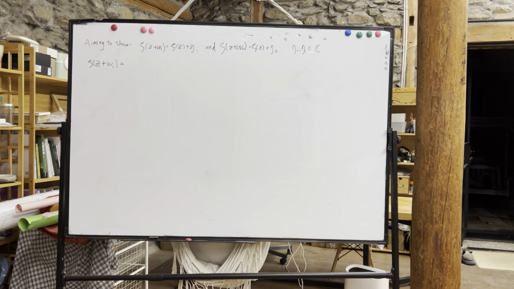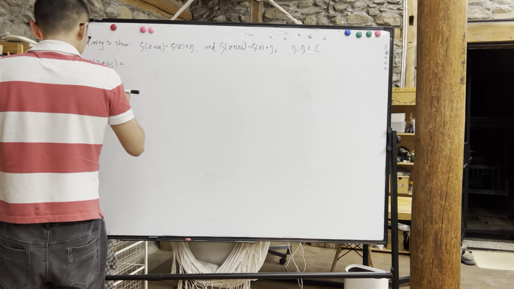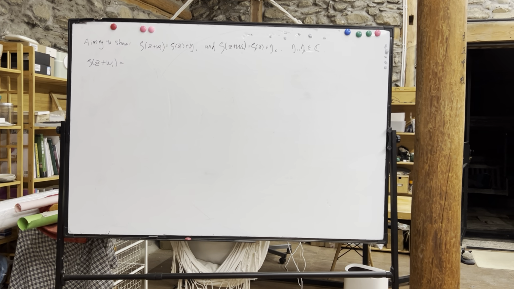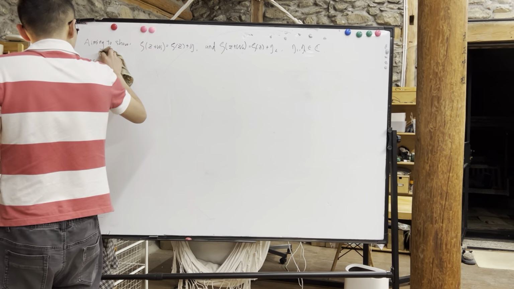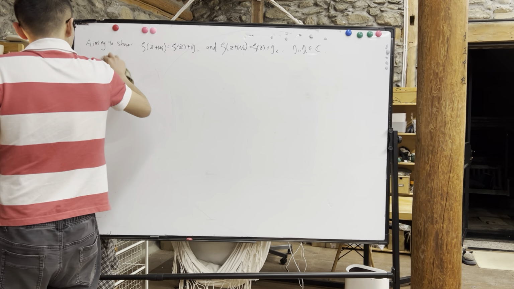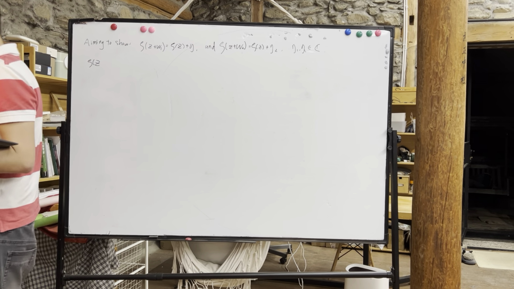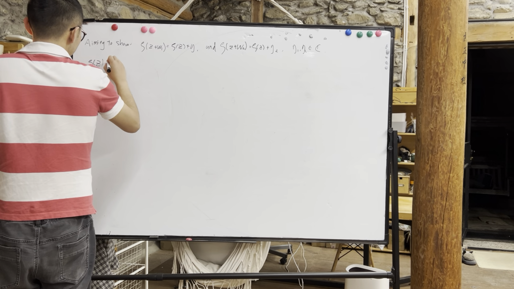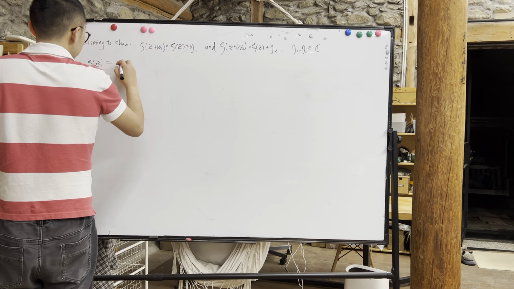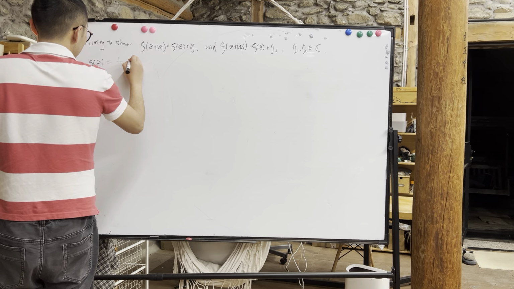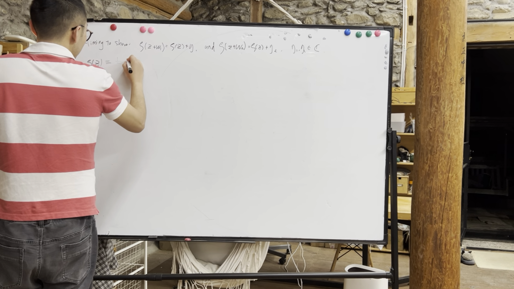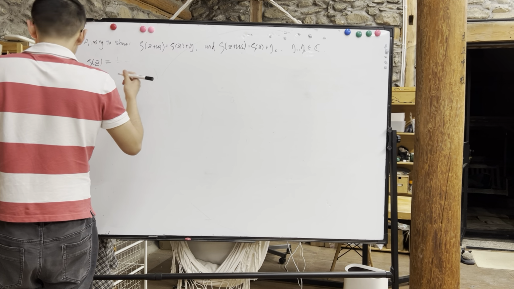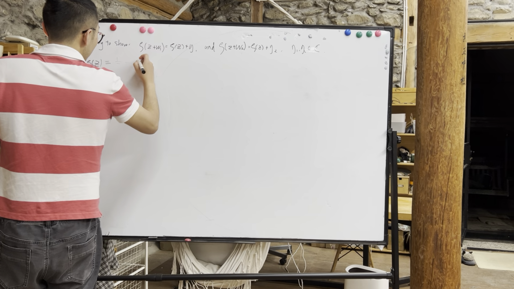So zeta of z is equal to 1 over z plus... Oops, I think I got some water on this one. Wait, shoot, it got wet.